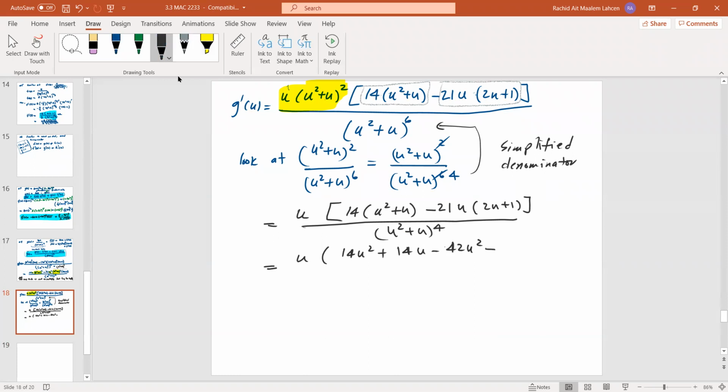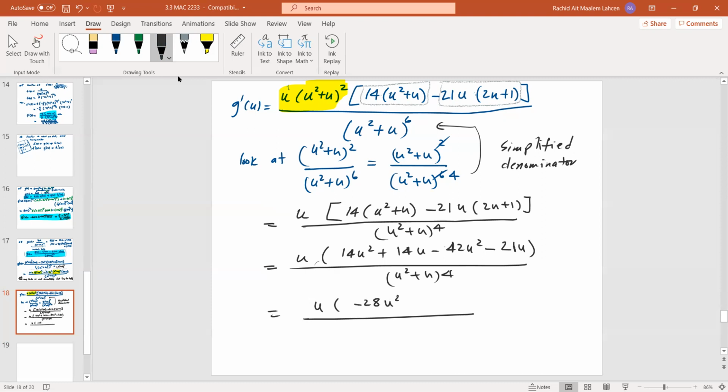Distribute that minus 21u over u squared plus u to the 4th. And we combine these like terms, we get negative 28u squared minus 7u over u squared plus u to the 4th.